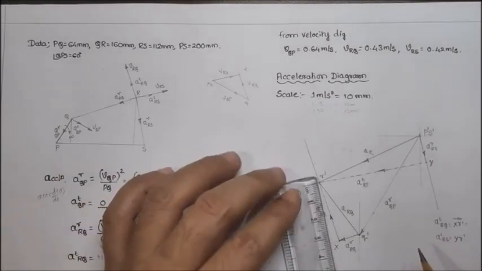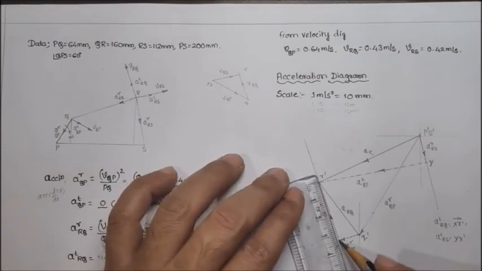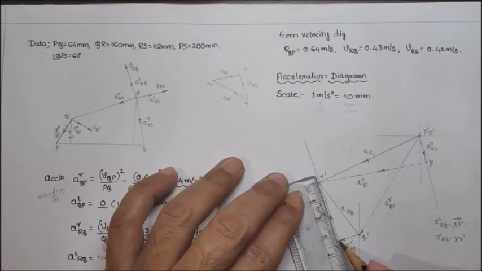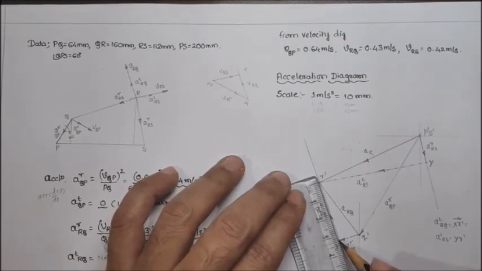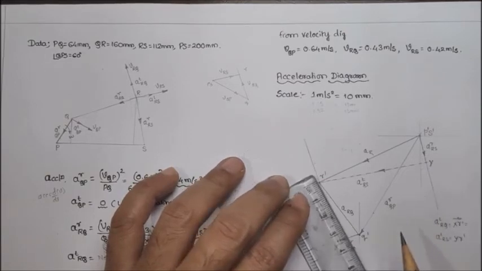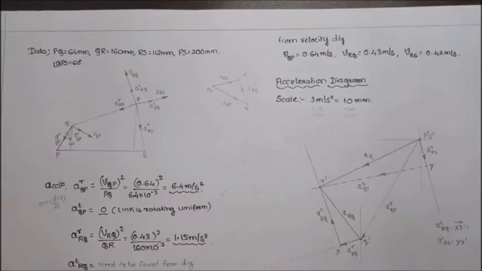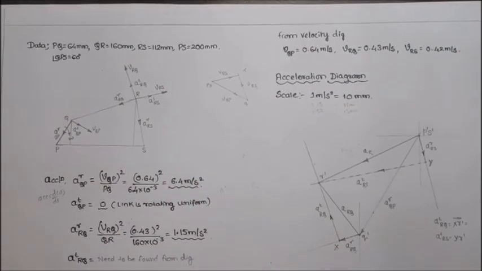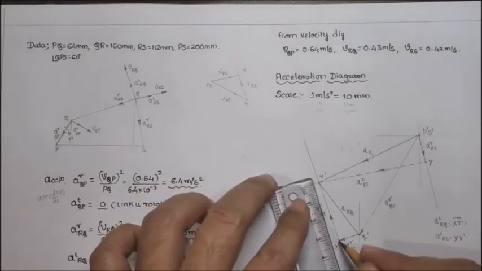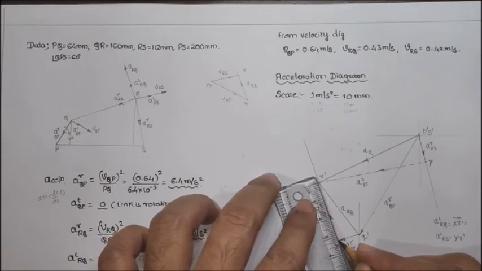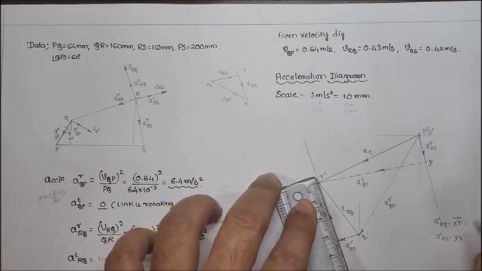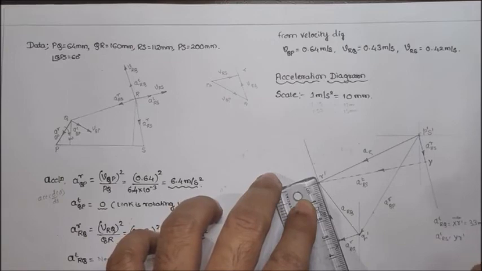So what is the value? When I measure x dash R dash, it is 31, 32, 33, 33 mm.